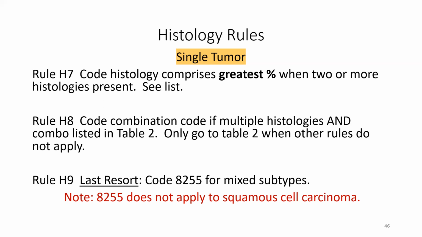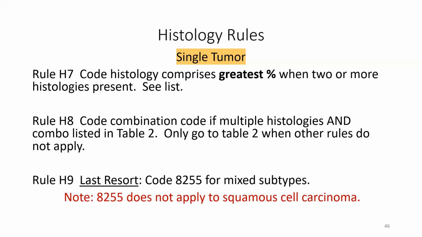Rule H8 is a combination code. When you have multiple histologies, this is the first rule that tells you to go to table 2, but only go there when the rules tell you, which I think this is the first rule that it's allowing you to go to table 2.